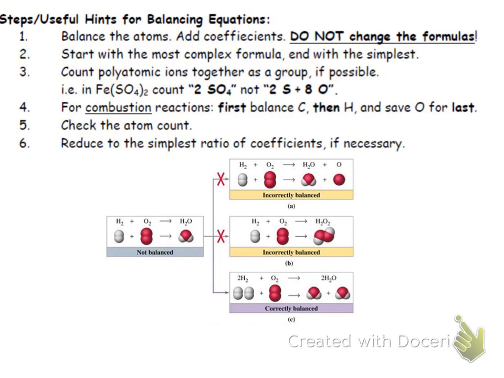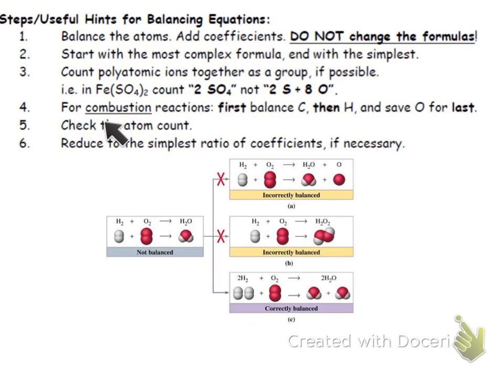And this is a really useful one: count the polyatomics as a group. For example, in iron(III) sulfate, it has 3 sulfate groups, so we're going to count 3 SO4 groups instead of counting 3 sulfurs and 12 oxygens. We can do that if the polyatomic sticks together. If it gets separated in the reaction, then you have to count everything separately.